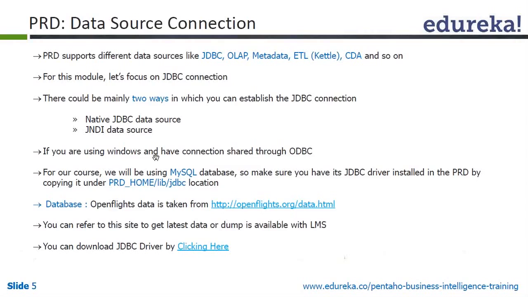There are mainly two ways when it comes to JDBC. Those who have already worked on Java in the data layer would be familiar with this: JDBC has native support and the JDBC JNDI data source. As part of the curriculum, you learn JDBC, then you learn JNDI: how to configure JNDI using a JDBC driver, and how to connect to JNDI.